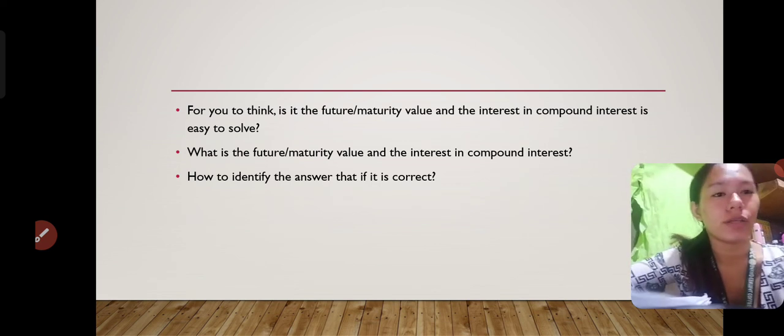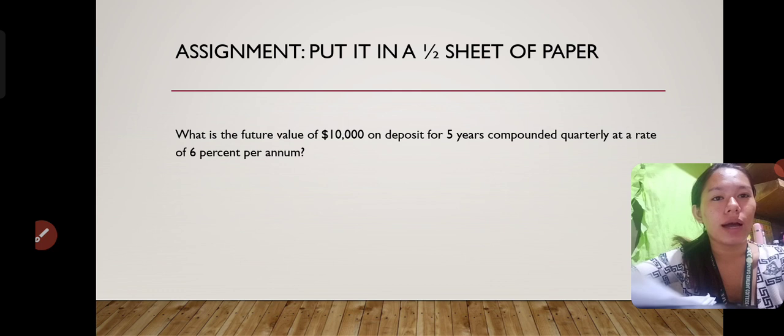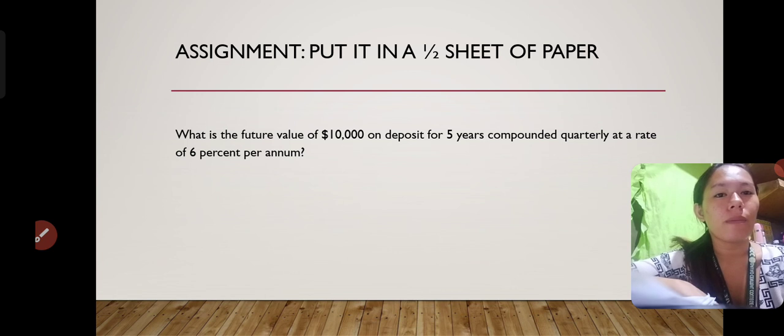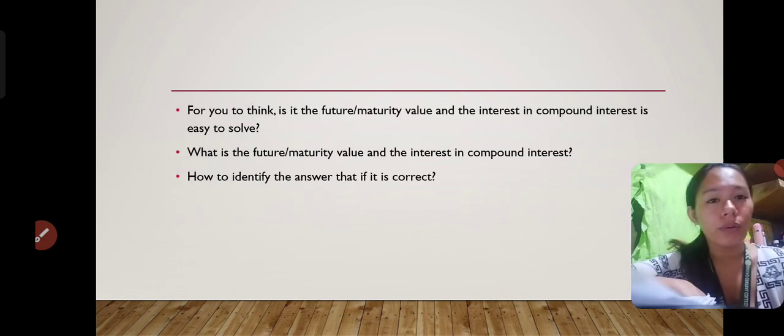Okay, very good. Thank you everyone for the cooperation. So, the assignment: put it in a half sheet of paper. The problem is, what is the future value of 10,000 on deposit for 5 years compounded quarterly?